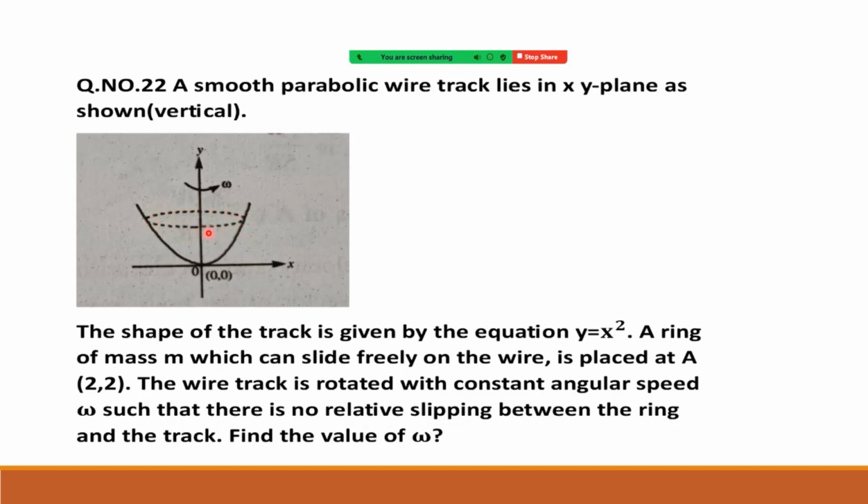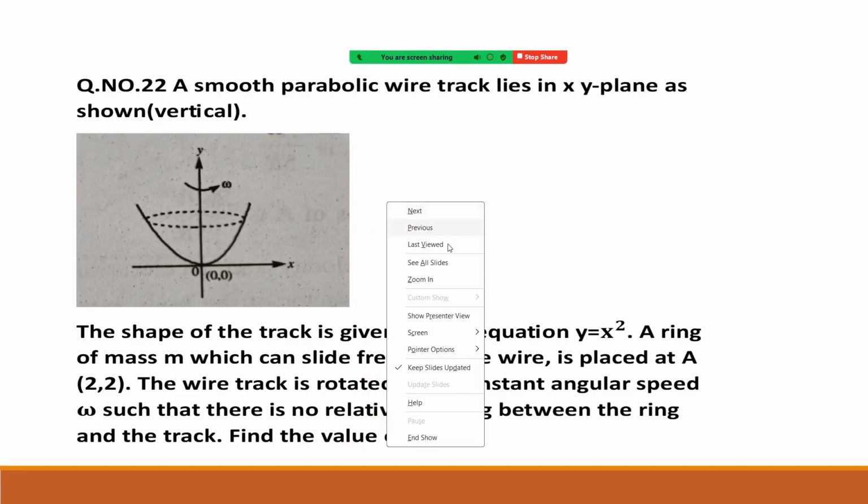Means when we see from ground frame, it is following a circular path. So we have to calculate now omega value. See conditions given here. y equal to x square, parabolic. It is at a location (2, 2). How to use this condition to find omega value.